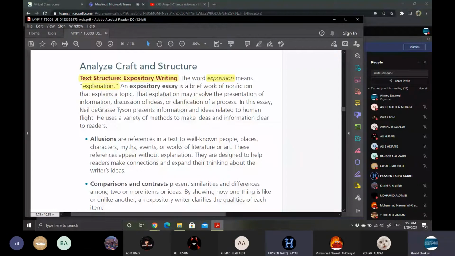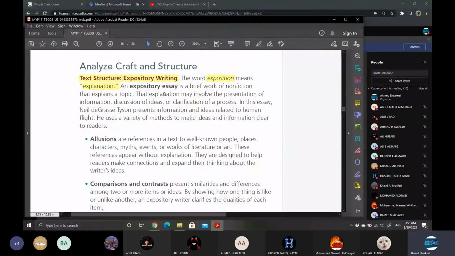So simply, the text we have already discussed, the reading comprehension To Fly, falls under expository writing. What is the meaning of expository writing? The word exposition means explanation, so you are explaining or presenting some idea. This idea may be true or even fictional, but you present it via various information and proofs.